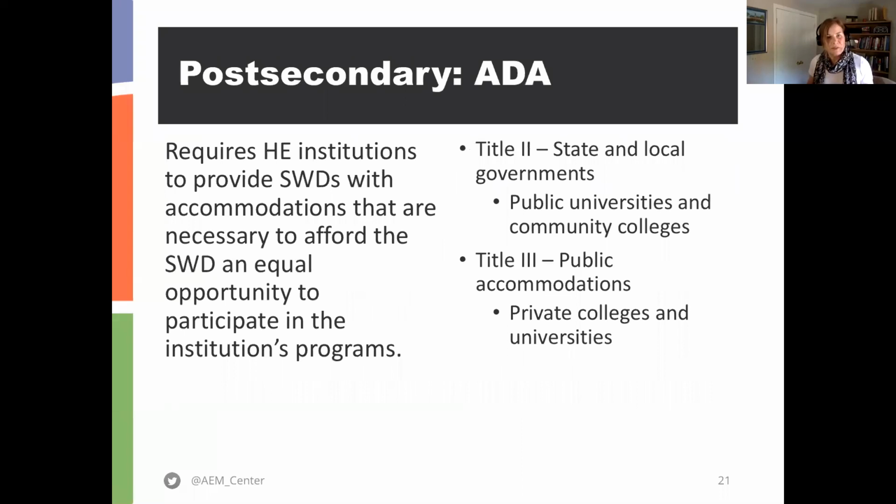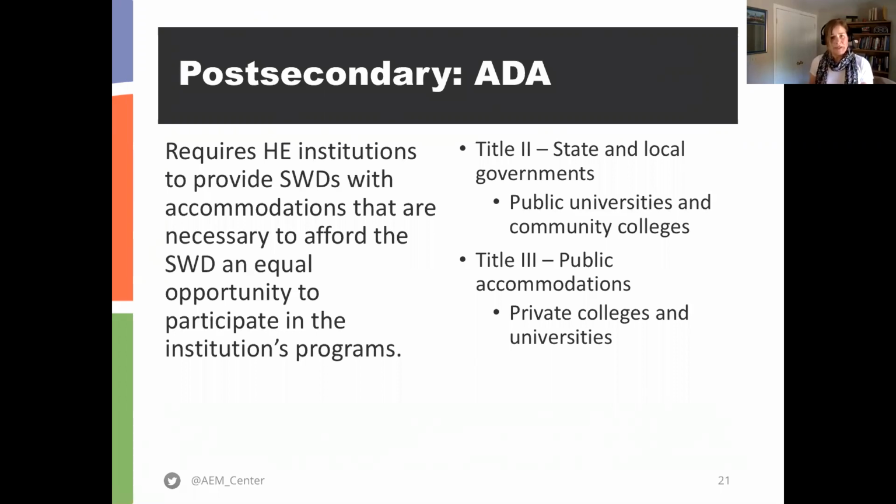Of course, when students move on to post-secondary, IDEA no longer applies. Those supports are no longer provided to them, because the ADA simply requires, and this isn't simple, but is much less comprehensive than what students are guaranteed in K-12. The ADA requires higher ed institutions to provide students with disabilities with accommodations that are necessary to afford the student with the disability an equal opportunity to participate in the institution's programs.